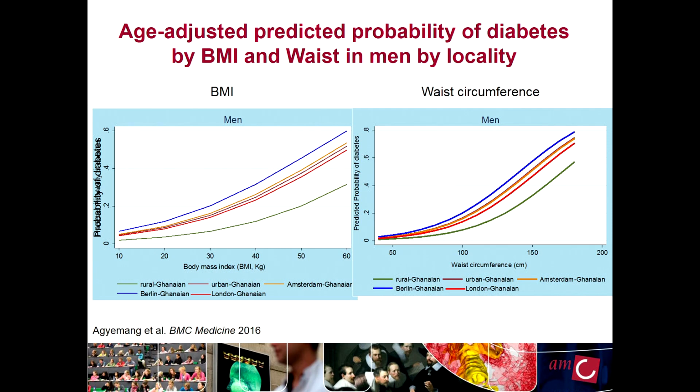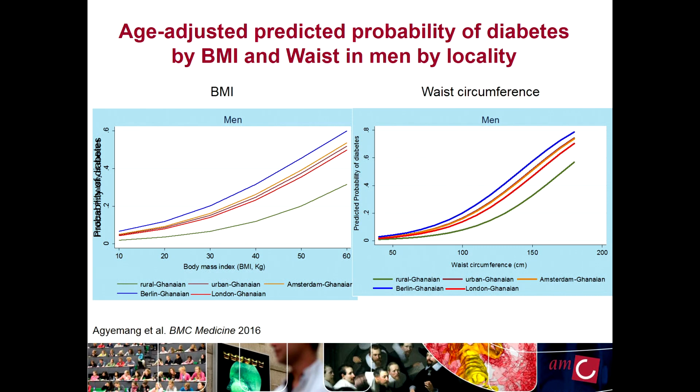And as expected, for a higher BMI, the probability for diabetes increases. However, these different colored lines are the different sites. The bottom line is rural Ghana, the top line is Berlin.